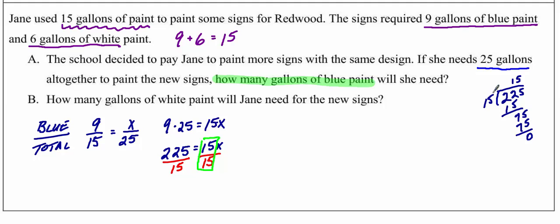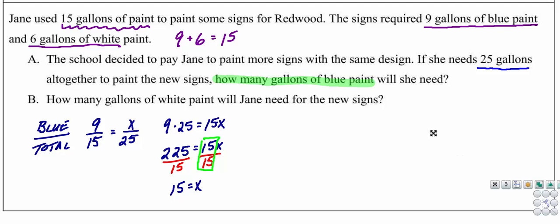So, by the way, 15 squared, 15 times 15 equals 225. That might be a good one to remember. So 15 is equal to x, which means we know, I'm going to get rid of my work. It's a little easier for you. You got more space than I do probably. So we know that Jane needs 15 gallons of blue.